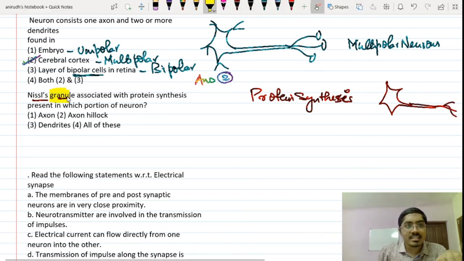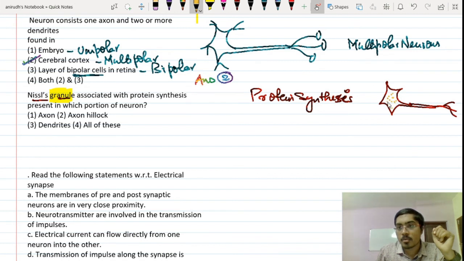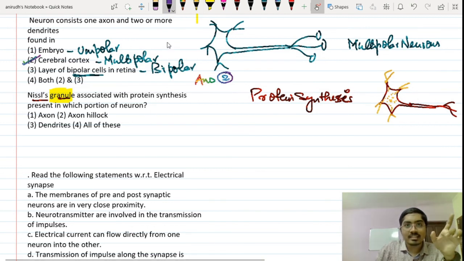These granules are present in my cyton, the cell body, and extend into the dendrite also. So it is present in two areas, that is cell body and dendrite.